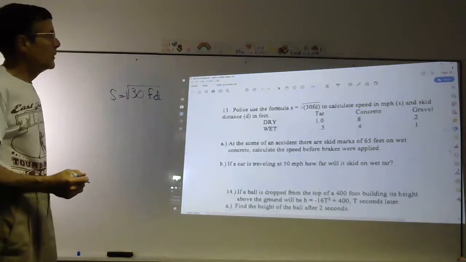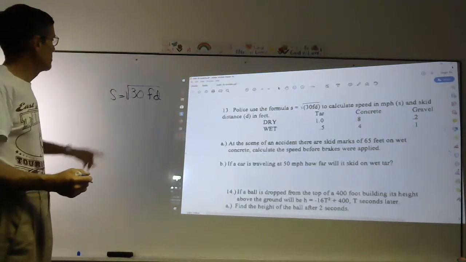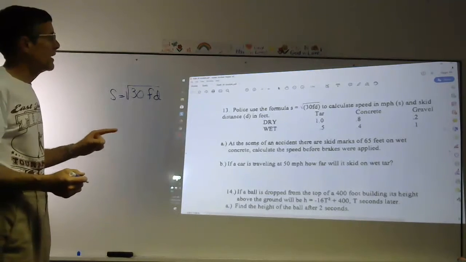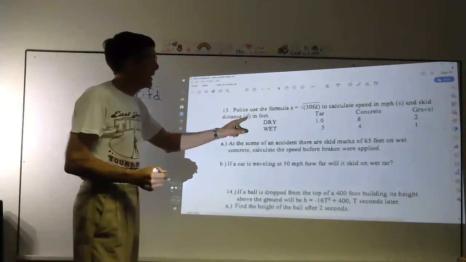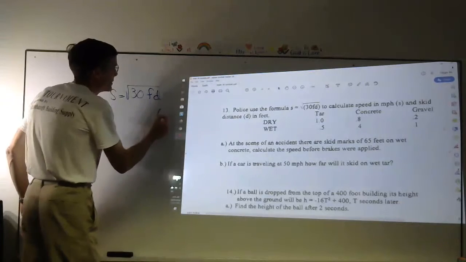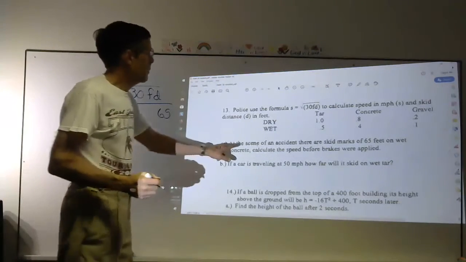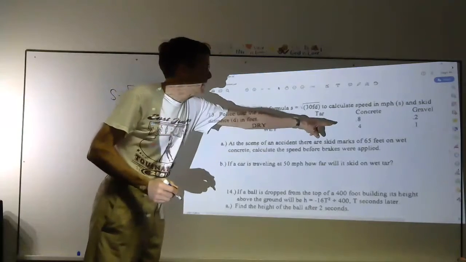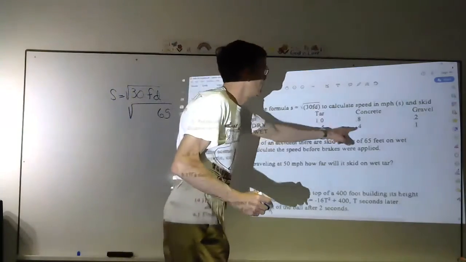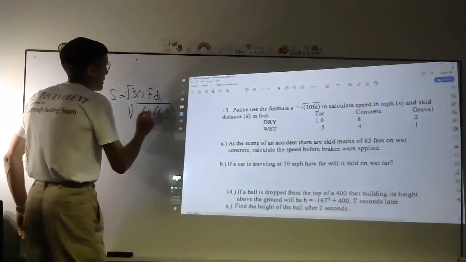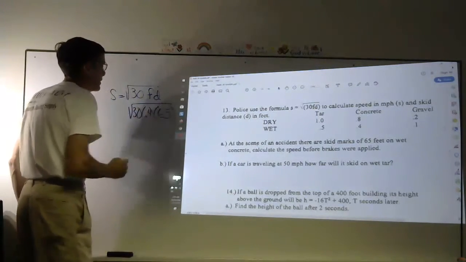And we know that the speed is what we're trying to find. Skid marks of 65 feet, and the 65 goes in for the letter D. Okay? We are on wet concrete. Wet concrete has an F value of 0.4. And we have the 30 here.